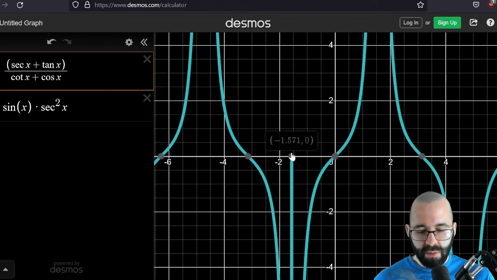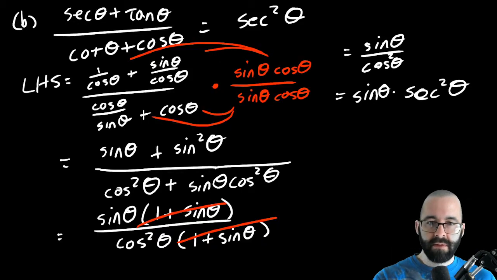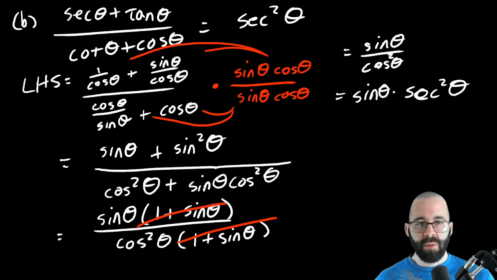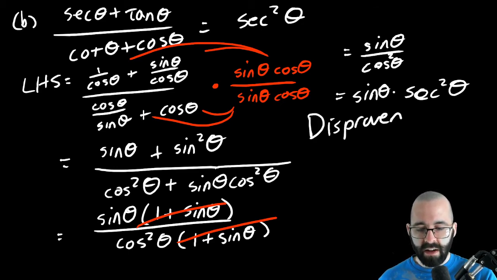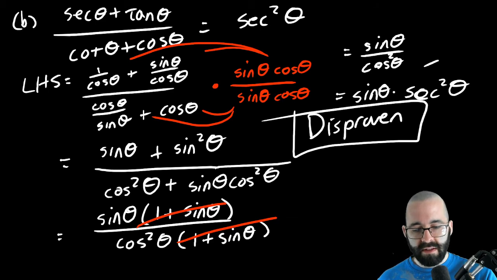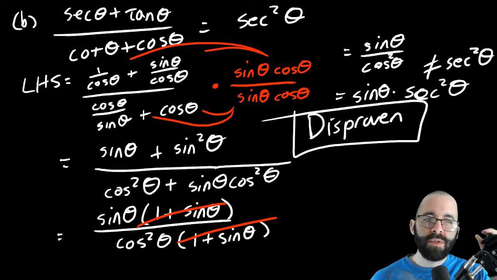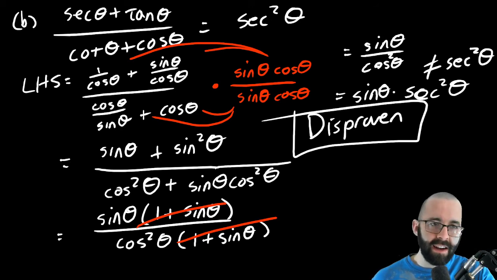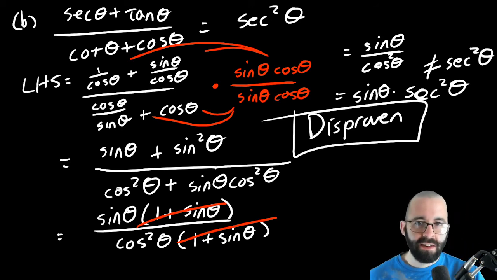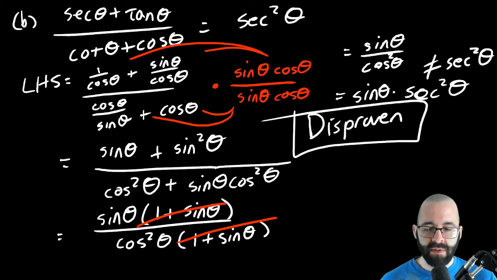It's just that random point that's sitting here. It might be a removable discontinuity. But either way, we have disproven the identity. Right? This is not equal to secant squared of theta. I mean, not for all values of theta anyway. I'm sure there's some values of theta for which this is true.